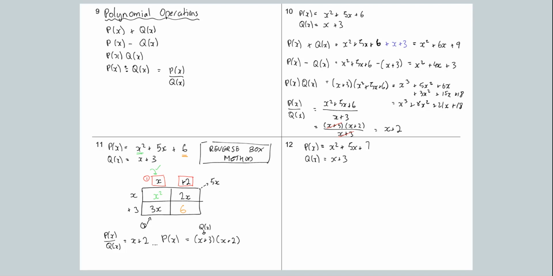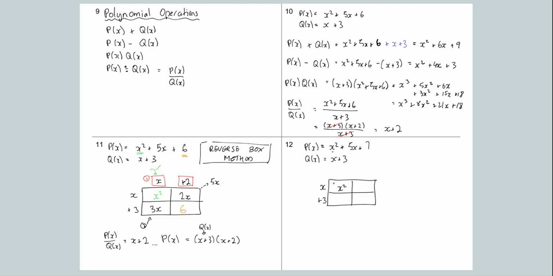So I start off with my box method, like so. And I look at the leading term, which is x squared, and that goes inside this box here. Okay, I'll put a little red dot in it there, and there's a little red dot underneath. I know that q of x, the thing I'm dividing by, goes on this edge here, x plus 3, like so.